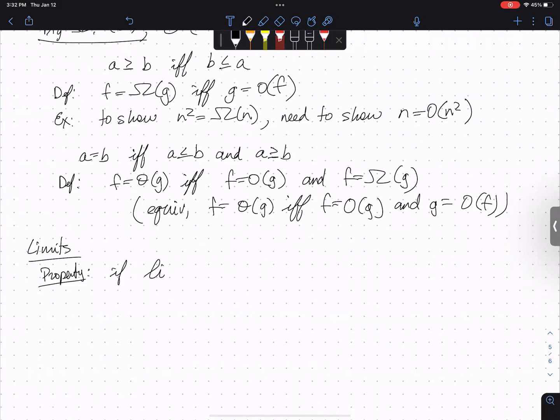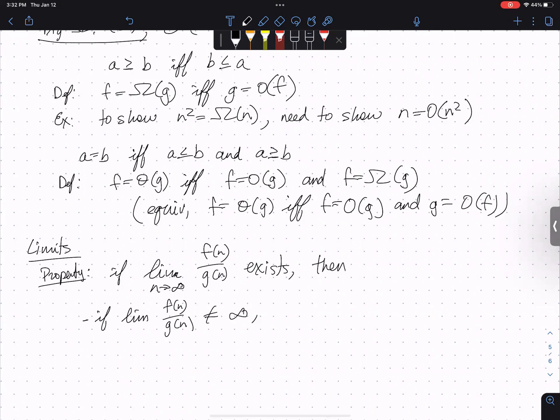If the limit as n goes to infinity of f of n over g of n exists, then if this limit is not equal to infinity, then f is big O of g.